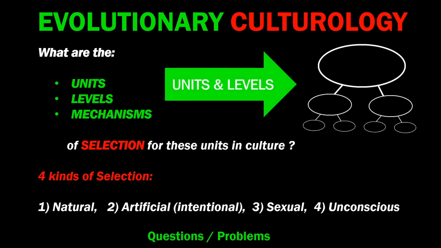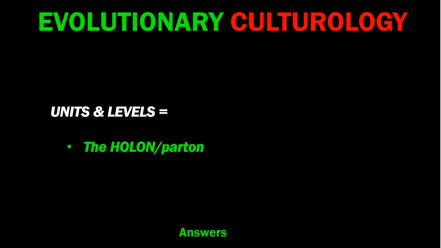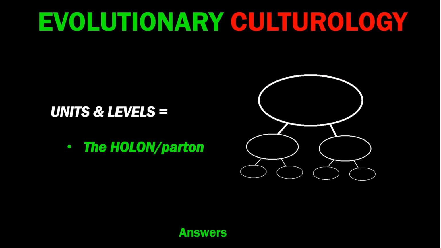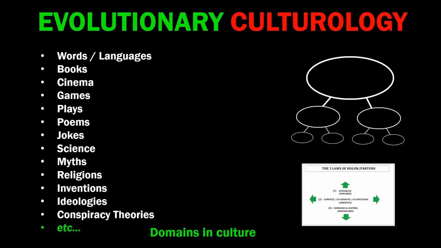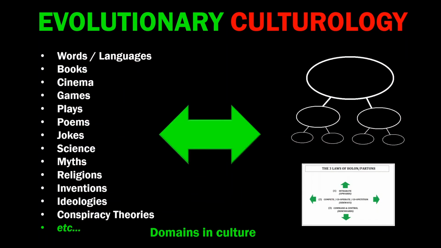The units and levels question is answered by the structure of the holon-parton itself. So when we see that structure when analysing culture, we automatically see the units and levels, and regarding the mechanisms, we have the systems metamodel and those two evolutionary algorithms. So those are the tools used as lenses, and we can use those to analyse pretty much any domain in culture.